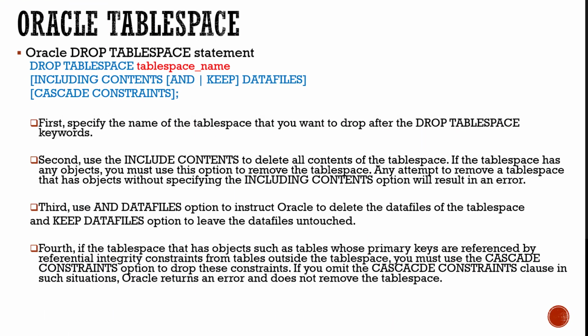Oracle DROP TABLESPACE statement. Drop tablespace, then the tablespace name, including contents and keep data files, cascade constraints. First, specify the name of the table space that you want to drop after the DROP TABLESPACE keywords. Second, use the INCLUDING CONTENTS option to delete all contents of the table space if it has any objects.